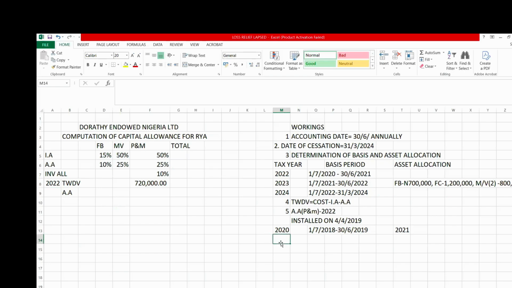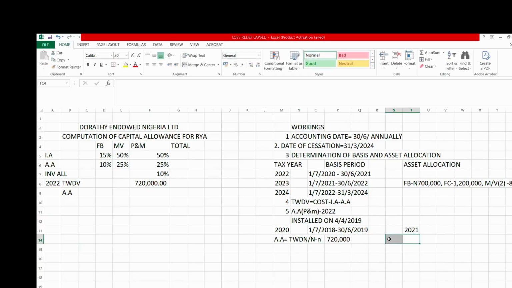So for us to now be able to calculate the annual allowance, we know that annual allowance for subsequent years is calculated as tax written down value divided by big N minus small n. In that case, we know that our tax written down value as at 2022 is 720,000.